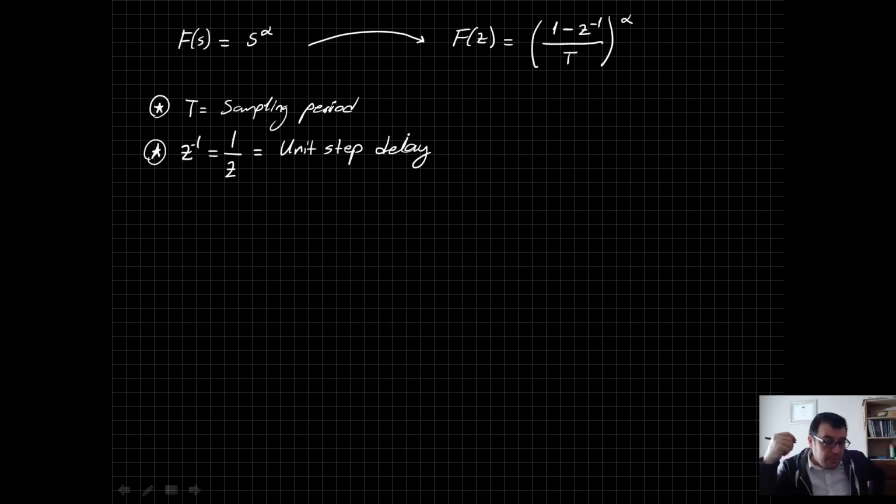Okay. With this, it's really hard to understand how we can realize the continuous time functions in discrete time. In order to make everything clear, I'll go over some examples.